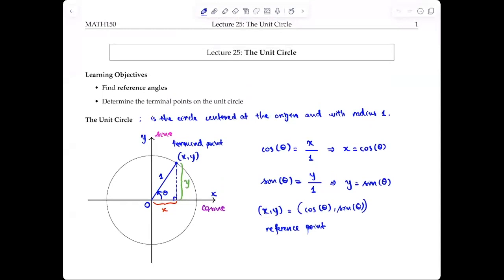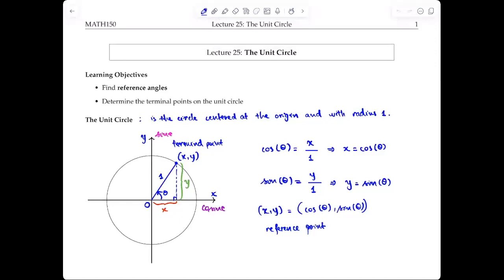This ratio is from the last lecture, lecture 24, where the cosine of an angle is the adjacent over the hypotenuse. In this case, the hypotenuse is the radius of the circle, which is equal to 1. And sine of an angle is the opposite over the hypotenuse. Therefore, x is equal to cosine of theta and y is equal to sine of theta. For the reference point, there are always two components, x and y, where x corresponds to cosine of theta and y corresponds to sine of theta.